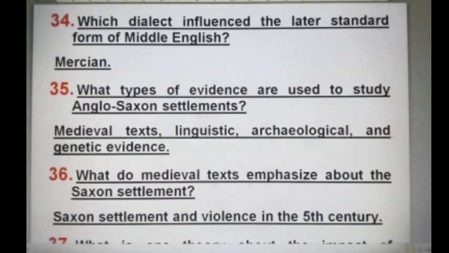What types of evidence are used to study Anglo-Saxon settlements? Medieval texts, linguistics, archaeological, and genetic evidence. What do medieval texts emphasize about the Saxon settlement? Saxon settlement and violence in the 5th century.